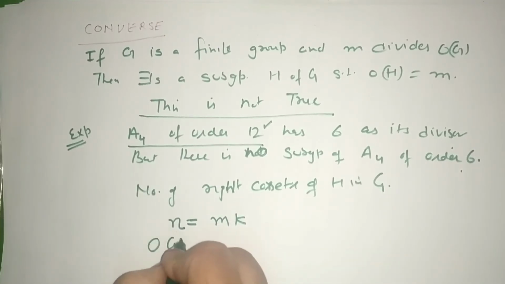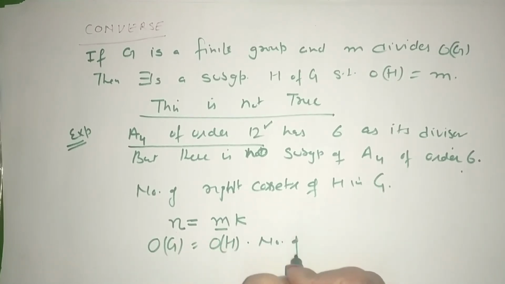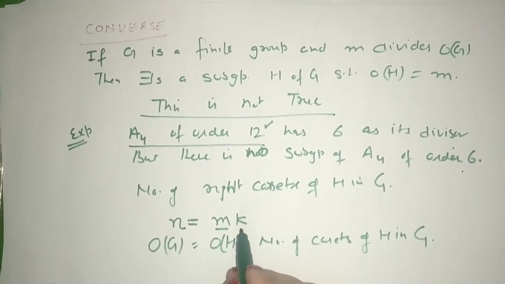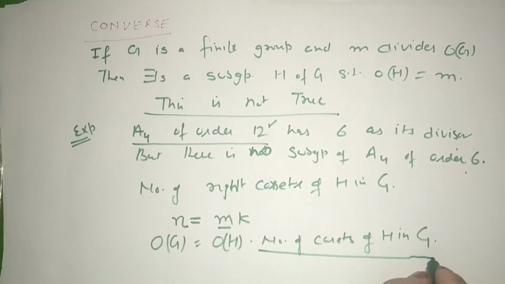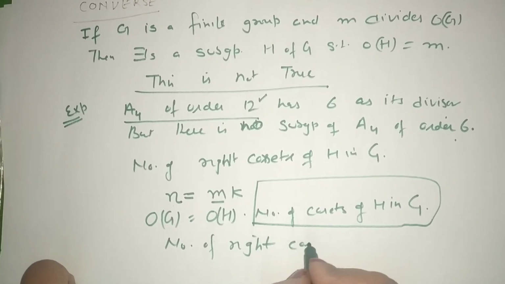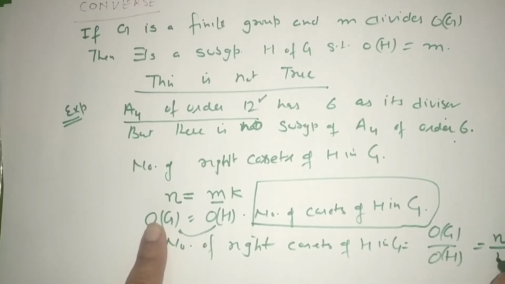This is the order of G, this is the order of the subgroup, and this is the number of cosets of H in G. We have taken k as the number of different right cosets of H in G. So from here, if we need to find the number of right cosets, it will be the order of G divided by the order of H, taking this to the other side, which is n upon m.